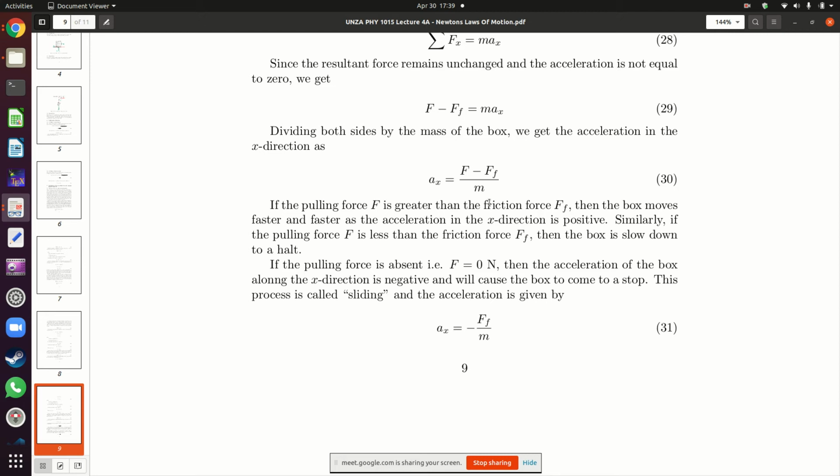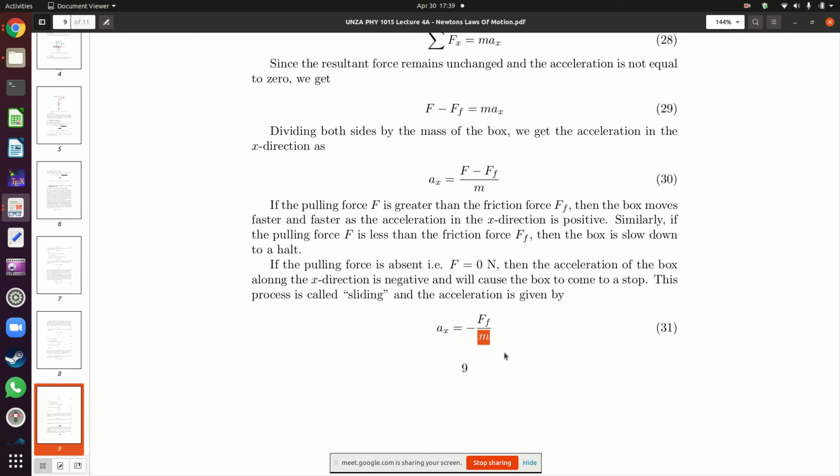If the box is sliding to a stop, then there is nothing pulling the box. The only force present causing the acceleration is the friction. So in that case, your acceleration a_x is equal to minus the friction force divided by the mass.